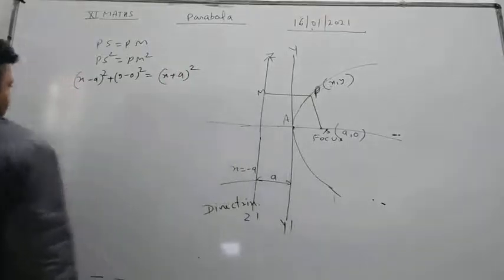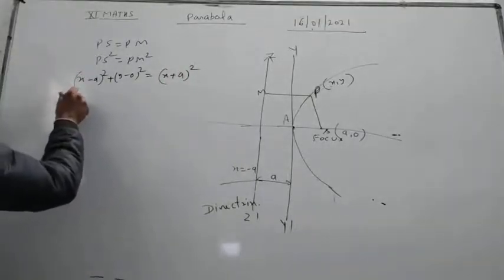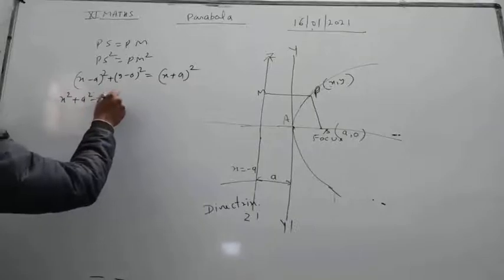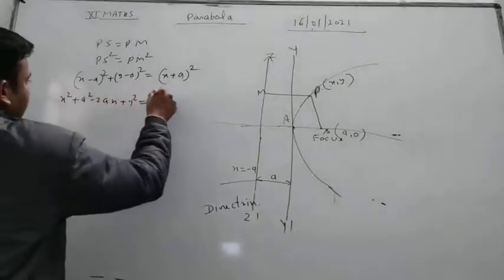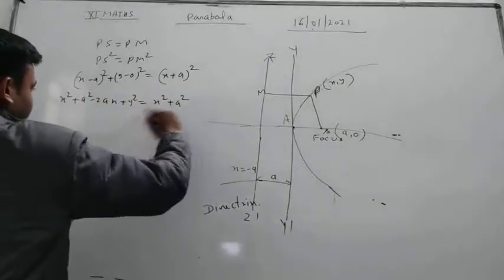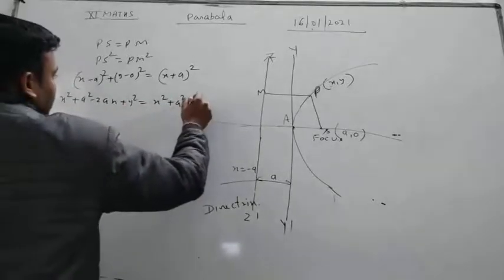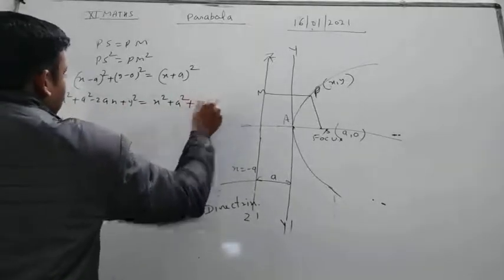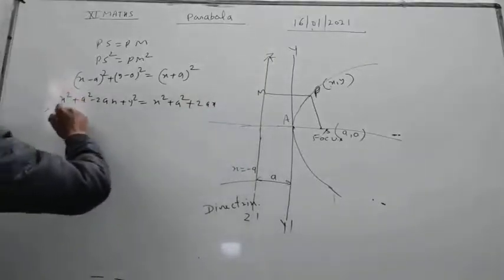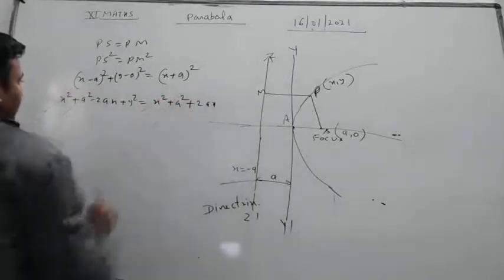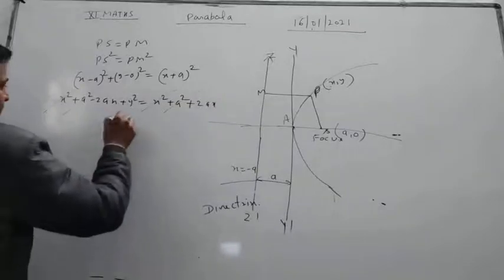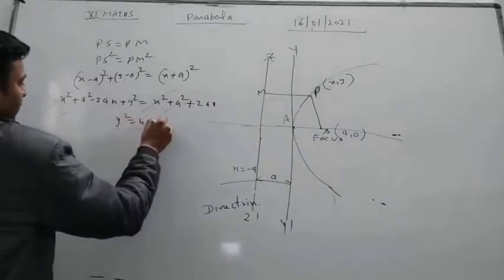When we expand this, x square plus a square minus 2ax plus y square is x square plus a square plus 2ax. So this part is cancelled. Now what we are getting, y square is equal to 4ax.